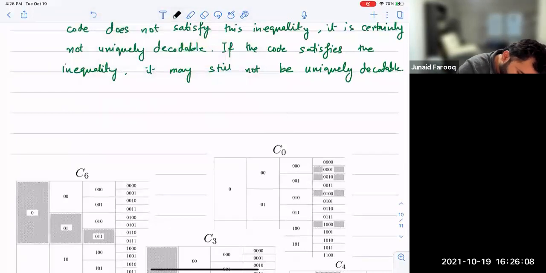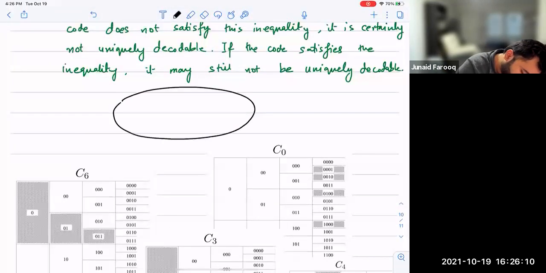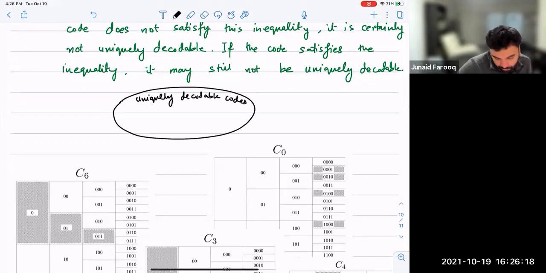These are uniquely decodable codes, and a small piece of them actually satisfy the Kraft inequality.